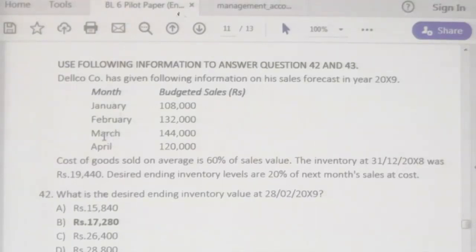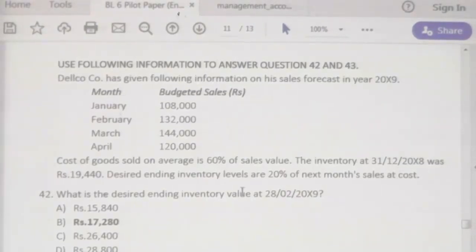The March end inventory would be the 20% requirement of April sales. But keep in mind, this shows your sales at sales price, right? Inventory has to be taken at cost. If you calculate using sales, the inventory needs to be converted to cost. Now the question is, what is the desired ending inventory?